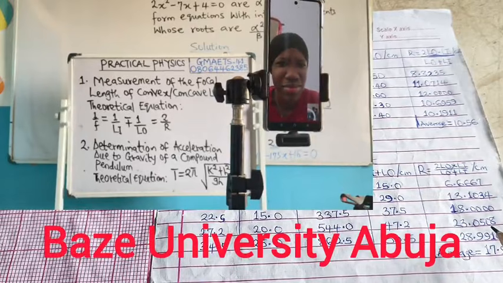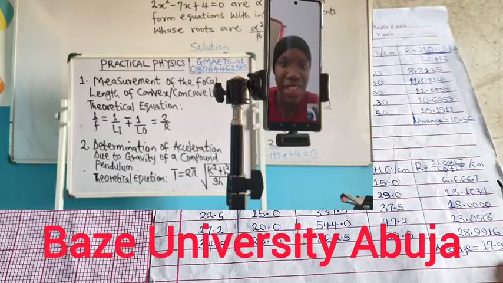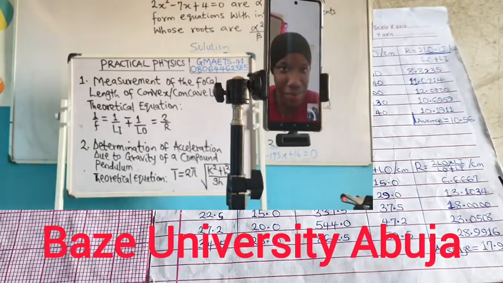Okay, so let us see this particular graph. There are three of them I'll be plotting, but this first one is based on the principle of measurement of focal length of convex and concave lens.